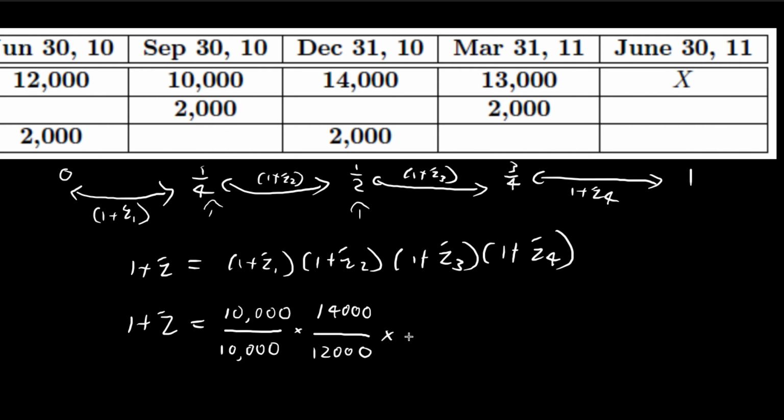Once again, we do the same thing for the next period. At this time point, we have 14,000, and then we make a withdrawal of 2,000, so we end up with only 12,000. Moving on to time 3/4, this amount grows to 13,000, and then we make a deposit of 2,000, so it becomes 15,000. Then this 15,000 grows to x, and the x that we found is equal to 13,100.